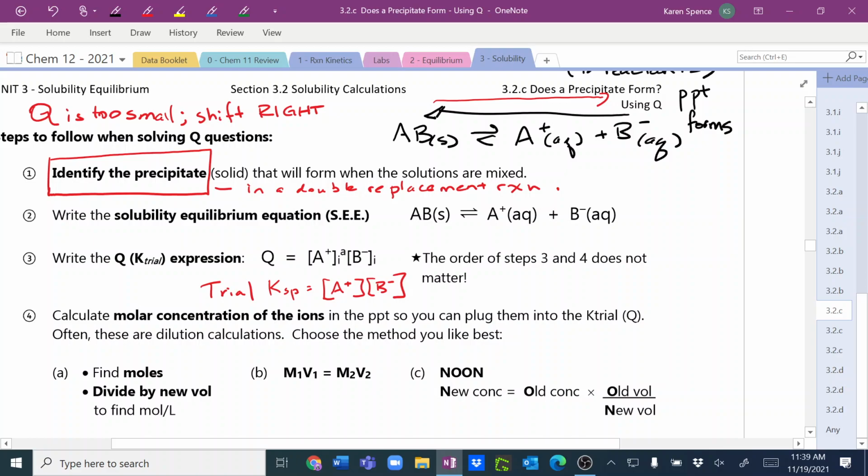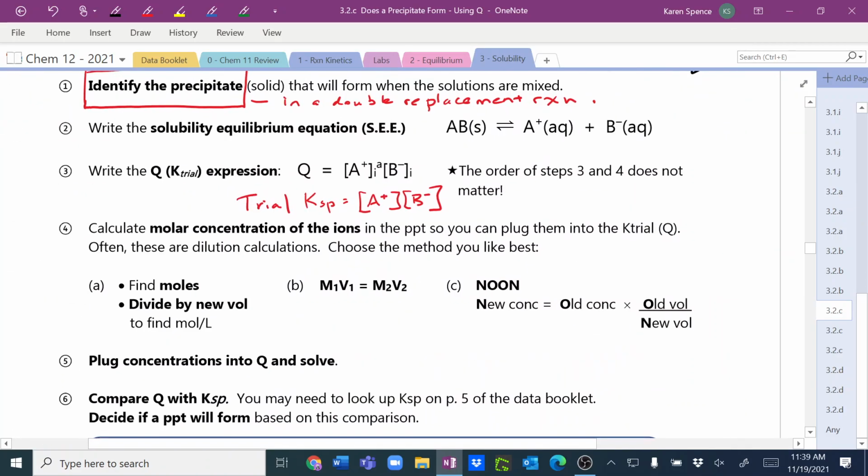We are diluting them, okay? So when we mix two things, we're diluting them, so all those dilution calculations that you did in 3.2a are going to come in handy now, okay? If you didn't do the dilution calculations, before you work on anything like this, you should go back and make sure that you've gone through those first, okay?